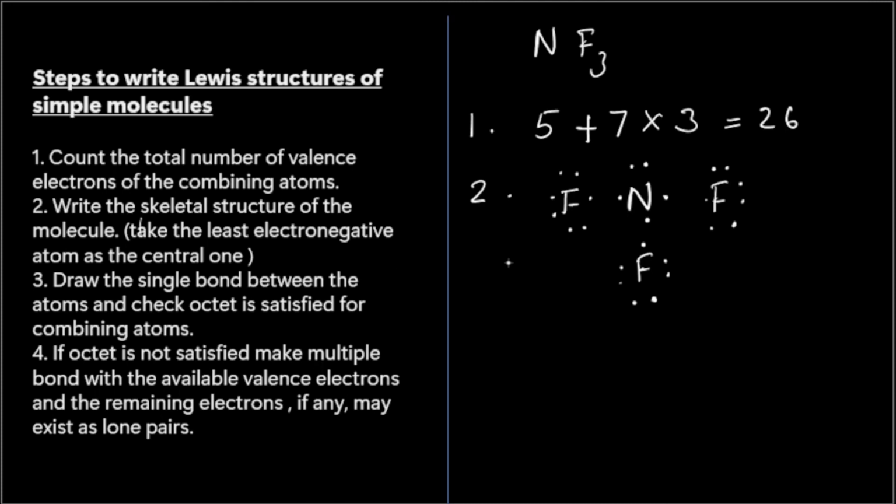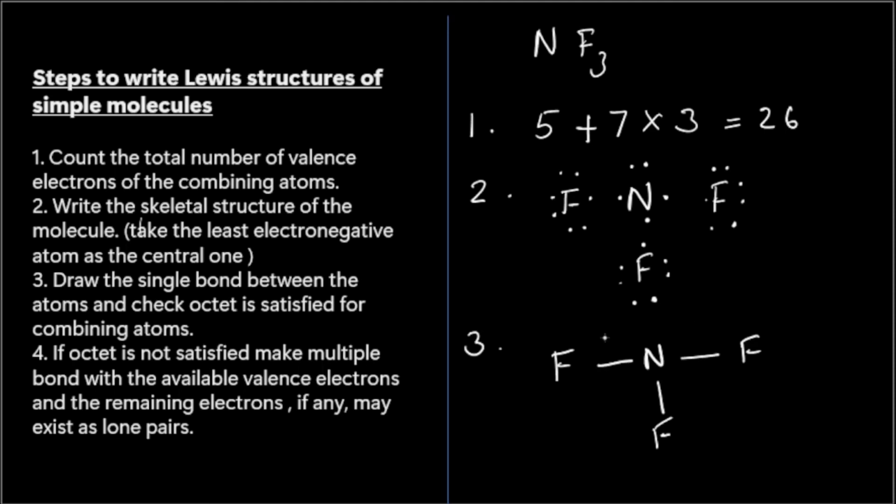Now the third step is to draw single bonds between the atoms and check whether the octet is satisfied for the combining atoms. So again write nitrogen and fluorine in terminal positions. Draw single bonds between the combining atoms.